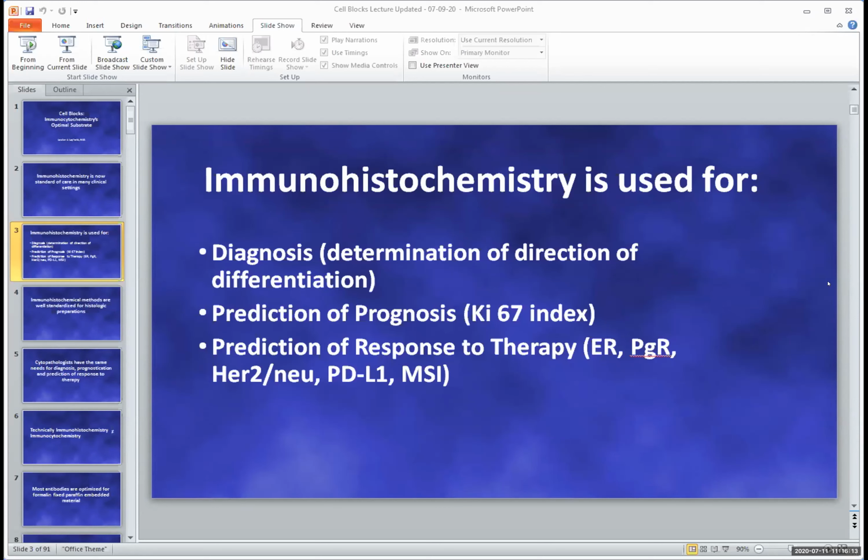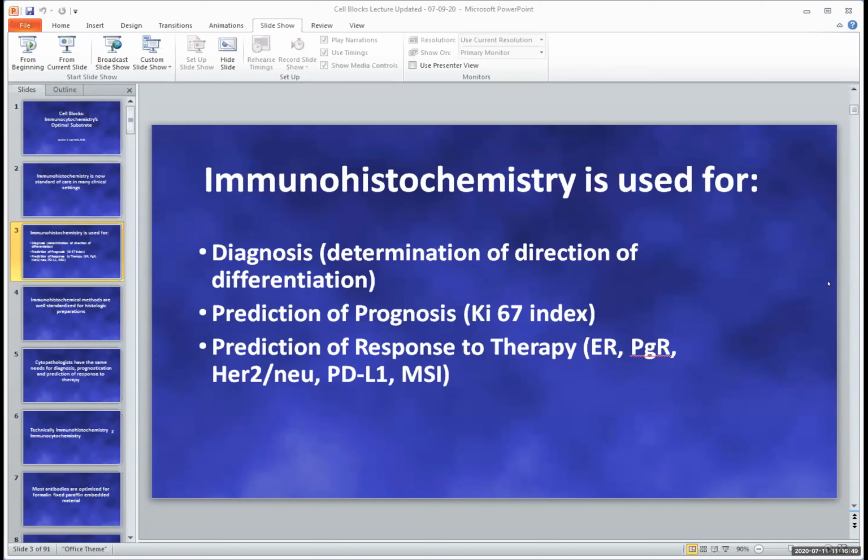And then finally, the area that we're seeing really increasing utilization of immunohistochemistry is the prediction of response to various therapeutic agents. The rise of so-called personalized medicine or targeted therapy has really put a lot of pressure on pathologists to be able to run either molecular typing for mutations that are predictive of response to very specific therapies, or more broadly to predict response to classic agents such as estrogen receptor, progesterone receptor, and HER2/neu.